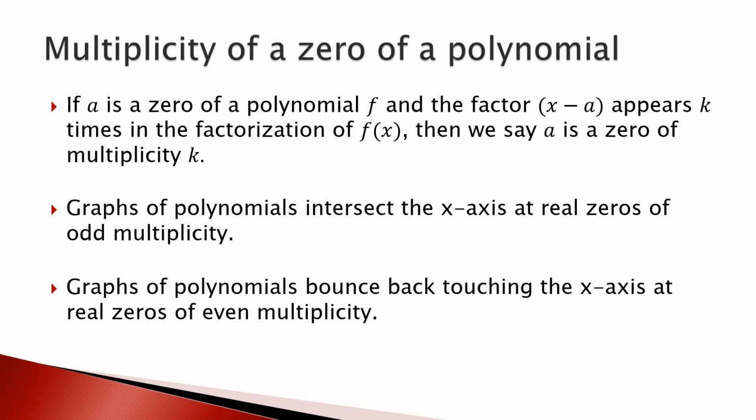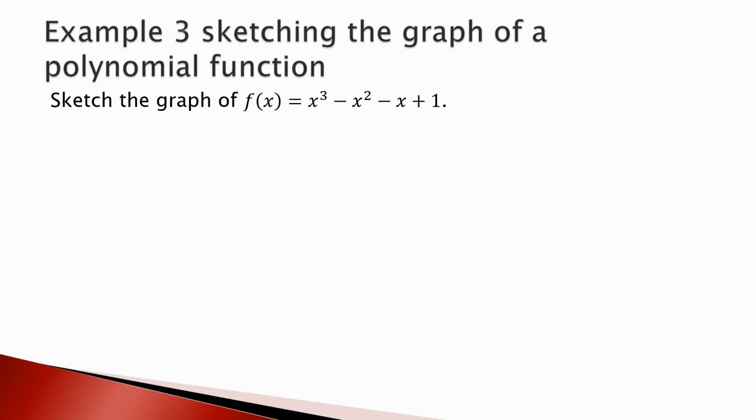Graphs of polynomials intersect the x-axis at real zeros of odd multiplicity, and graphs of polynomials bounce back, touching the x-axis, at real zeros of even multiplicity. So this is important when you are going to sketch graphs of polynomial functions.